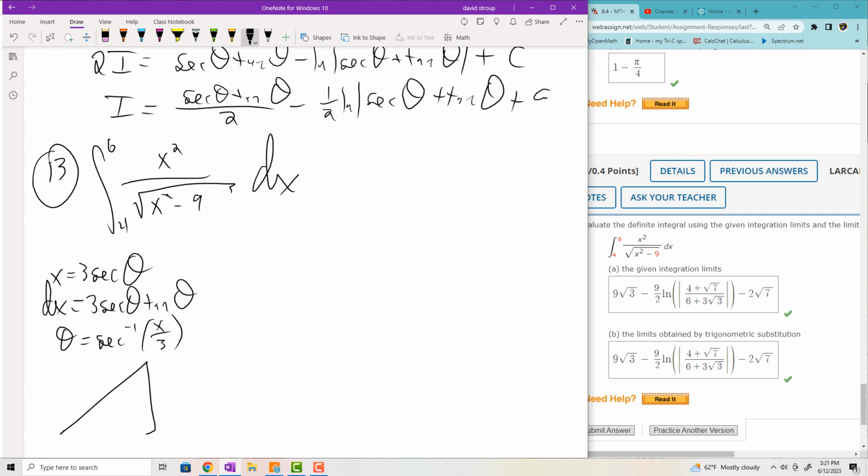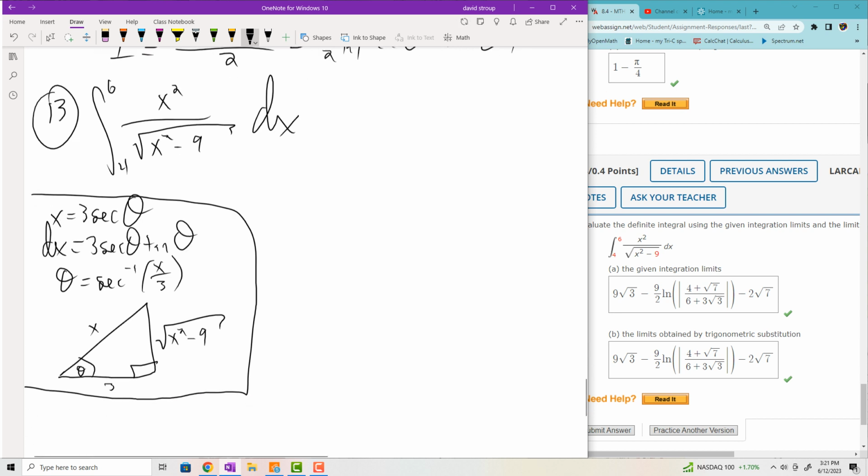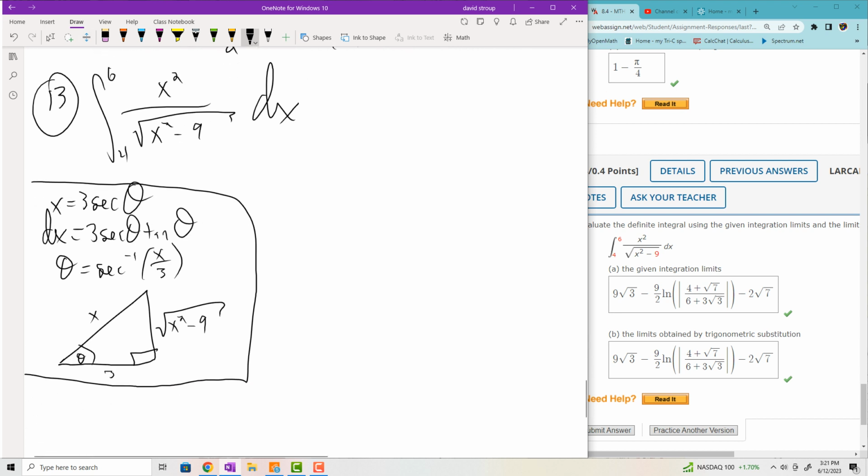And then we can get our triangle. So secant is 1 over cosine, so that would be hypotenuse over adjacent. And the third side would be the square root of x squared minus 9. Okay, so you can proceed as normal, and then at the end, just slap the limits, the 4 and the 6, back on, and then do your evaluation.